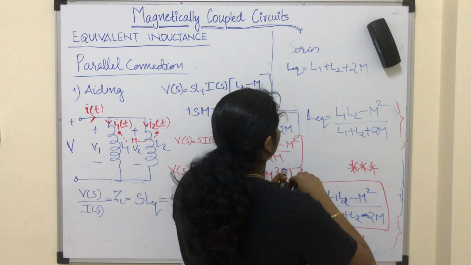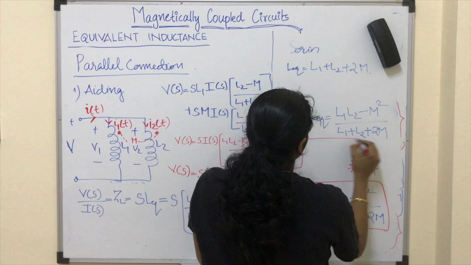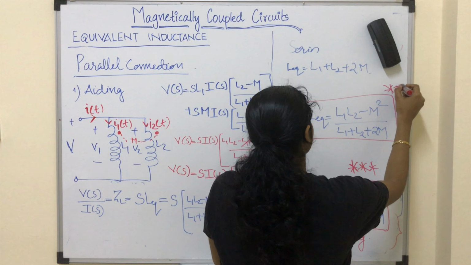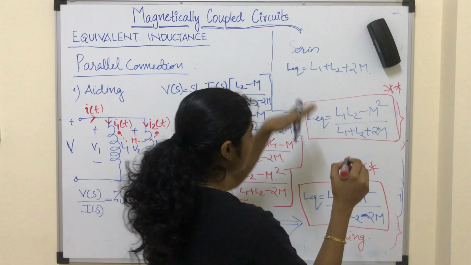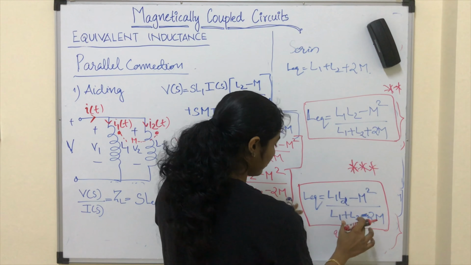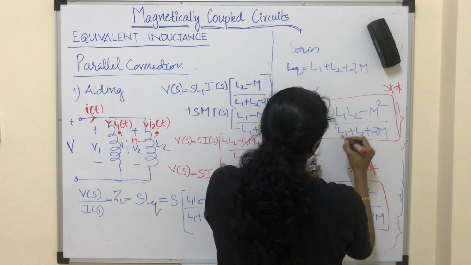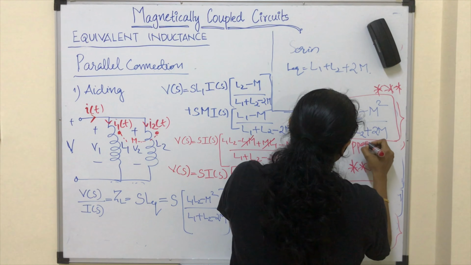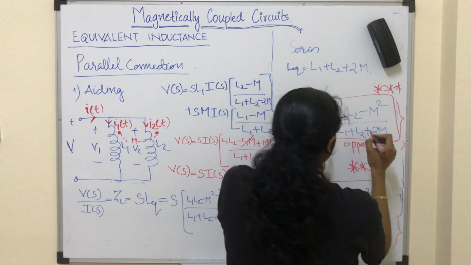Just remember it as the opposite of series connection: the denominator term changes, and the numerator is the same for both aiding and opposing connection. So just remember these two formulas.